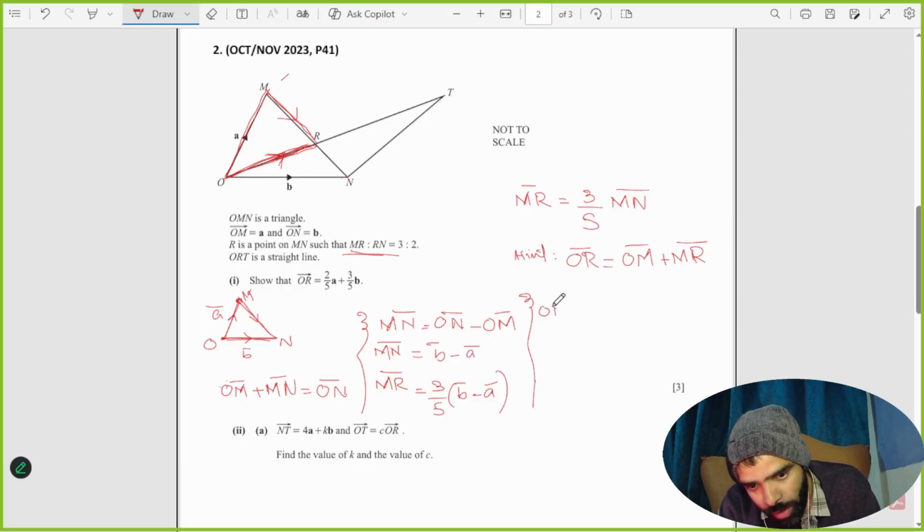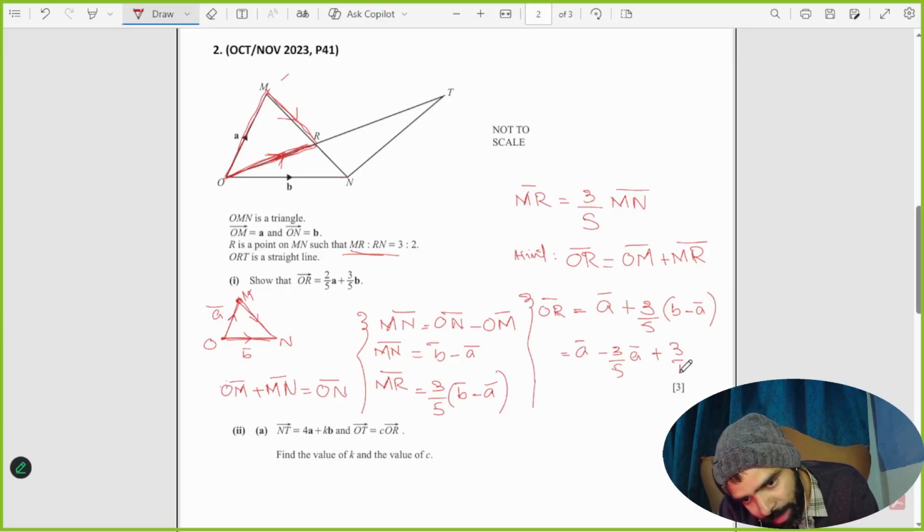Yes. OR, from the hint it's clear, is OM plus MR. What is OM? OM is small a, plus MR. MR is this one which we have found, 3 by 5 of b minus a. Now let's put the a terms together. We have to write a minus 3 by 5 of a, then plus 3 by 5 of b.